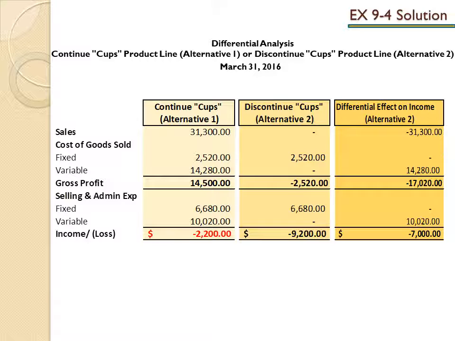So this would be the differential effect on the income if we were to choose alternative 2. As you can see, under alternative 1, we will incur a loss of $2,200. However, if we discontinue the cups product line under alternative 2, we will incur a higher loss of $9,200. So if we were to choose alternative 2, we will have a negative effect on income.